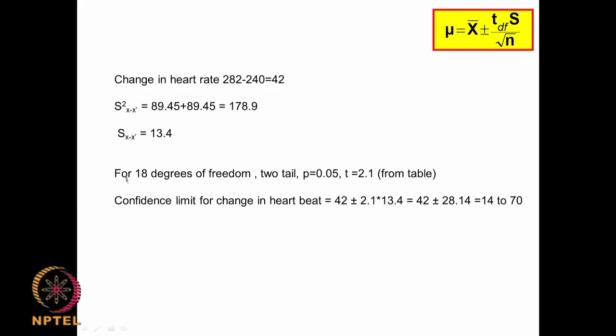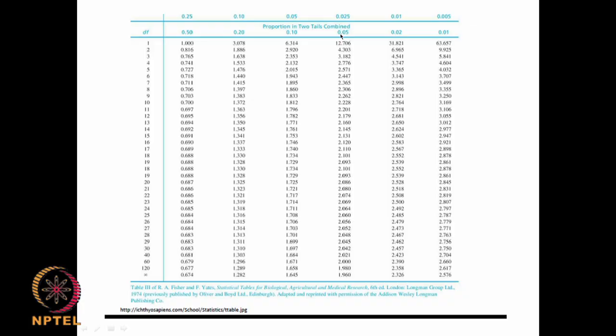Now I need to consider all the data sets. One set is 10, I have 9 degrees of freedom, the other set is 10, I have 9 degrees of freedom, so now I have 18 degrees of freedom, and I need to use the two tail table, because we are talking about plus or minus here. You remember this equation, right? Mu equal to x bar plus or minus t times s by square root of n. So I use both the regions, p is equal to 0.05 with 18 degrees of freedom.